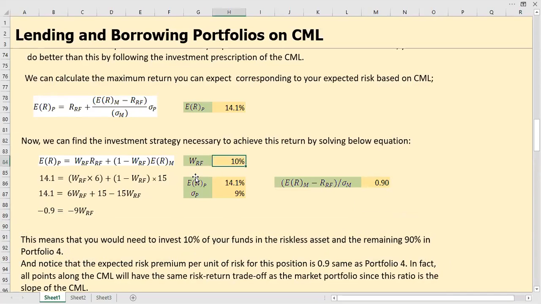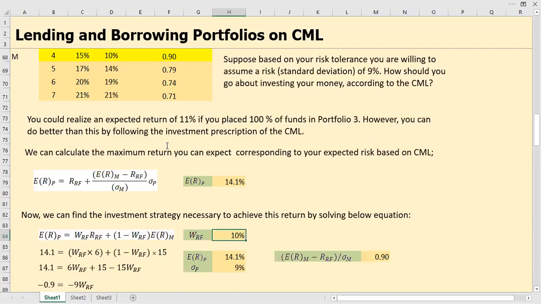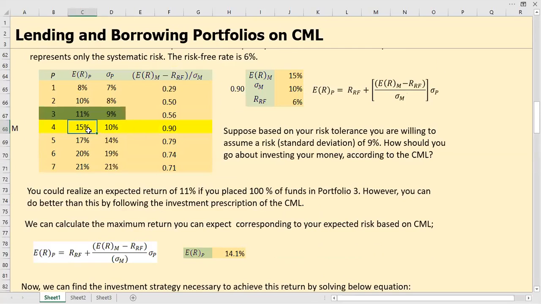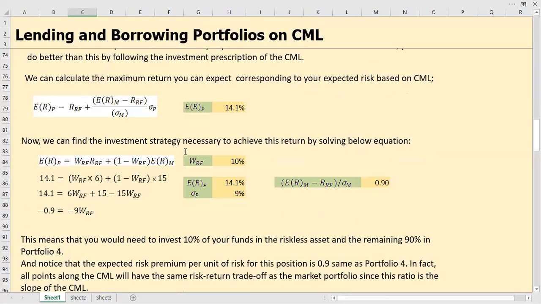Since we identified this 10%, that means we are going to invest 10% of our money in the risk-free asset, at 6%, and the rest, 90%, in the market portfolio, that is here at 15%, right?